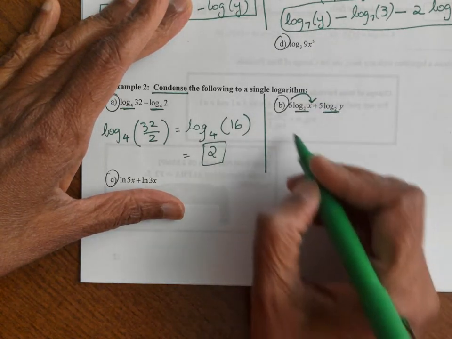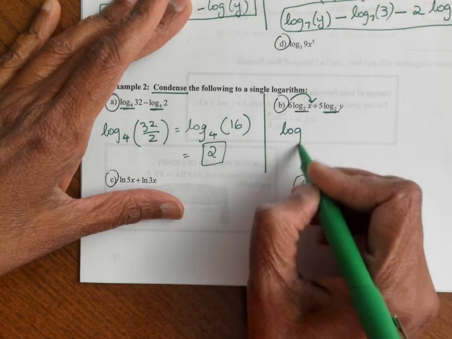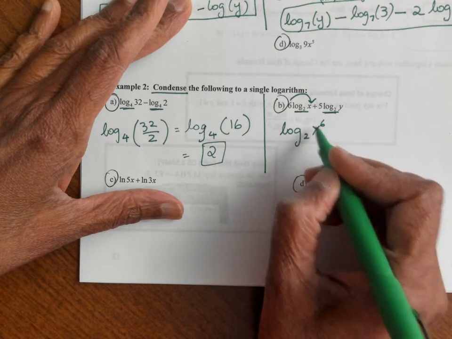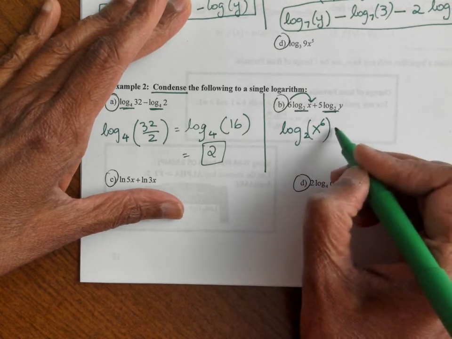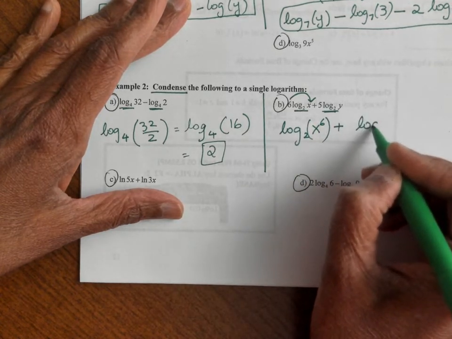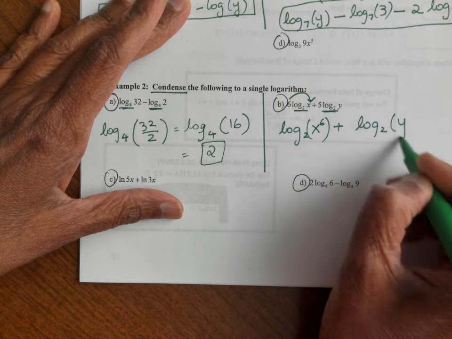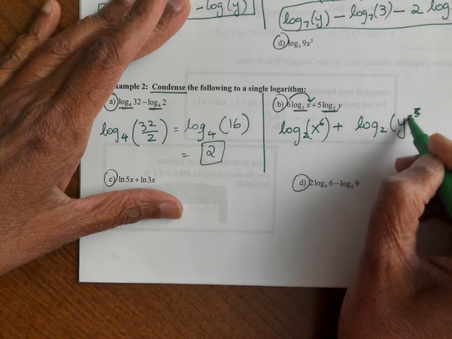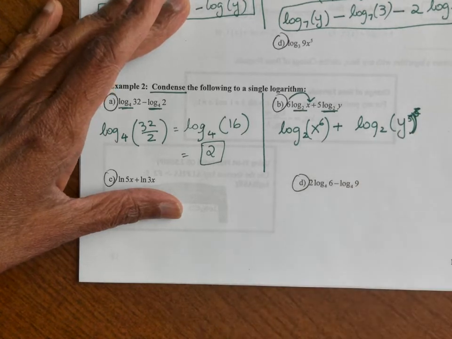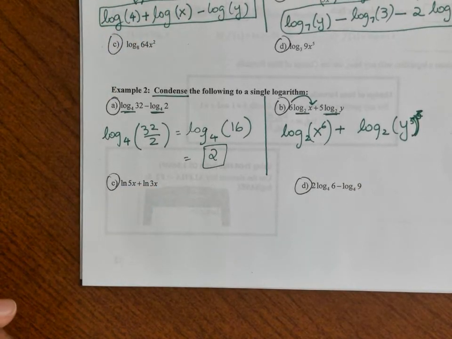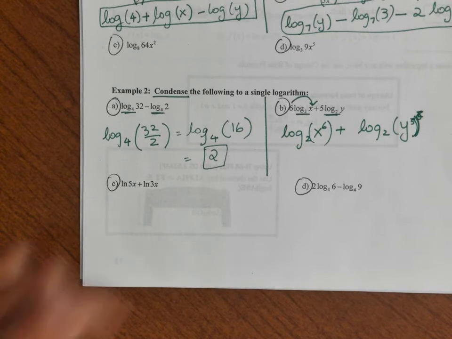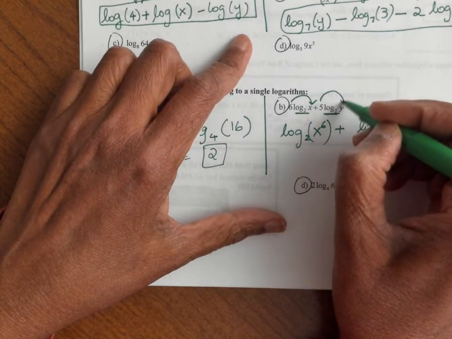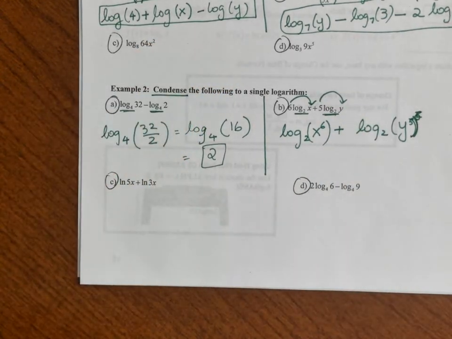So before you combine them, this should be rewritten as log base 2 x to the 6th power plus log base 2 y to the 5th power. Is that clear? All I did was to move this as a power, 5th power. I hope this is clear. Now you can combine them.